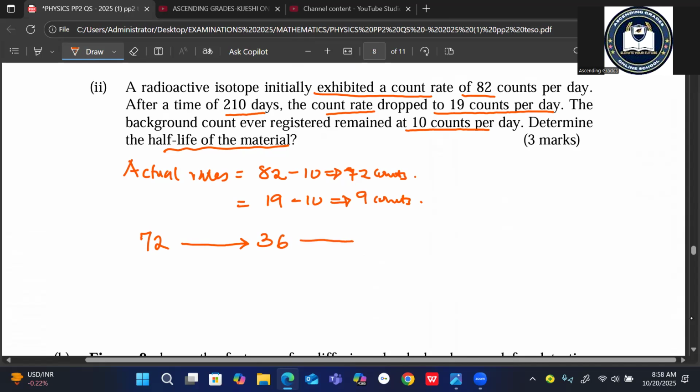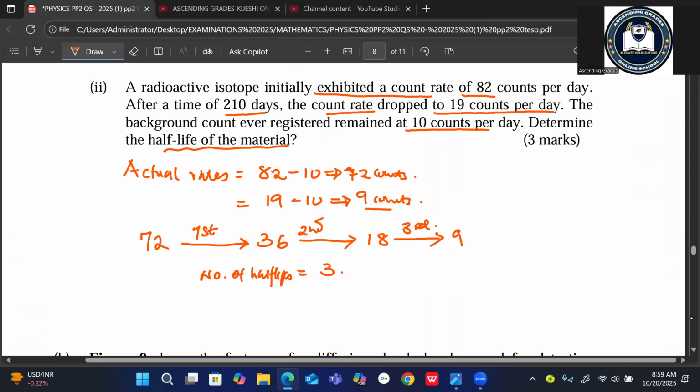We reduce 36 by half, then we get 18. Remember our target is to get 9. We reduce it again and we get 9 counts. Now you count the number of half-lives: the first half-life, the second half-life, and this becomes the third half-life. So the number of half-lives is 3.